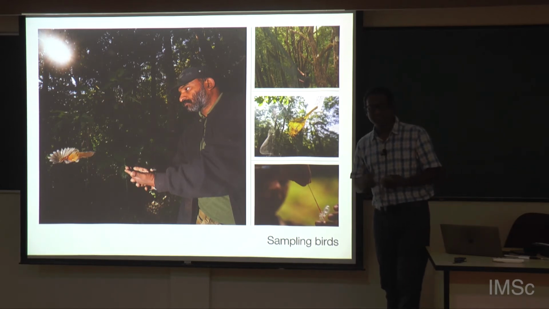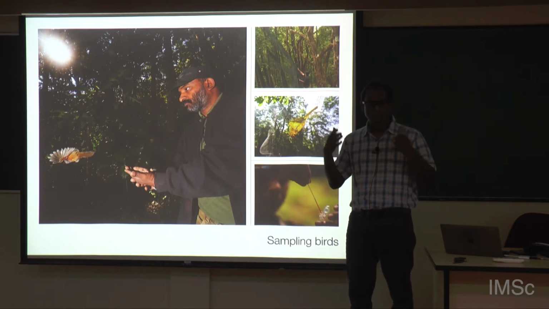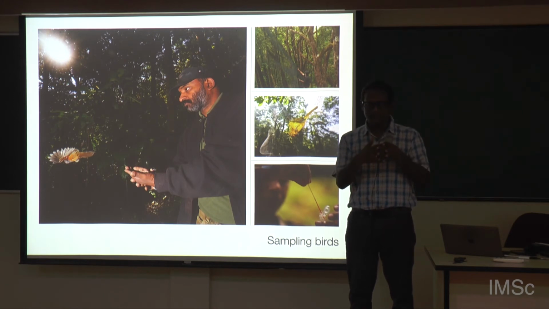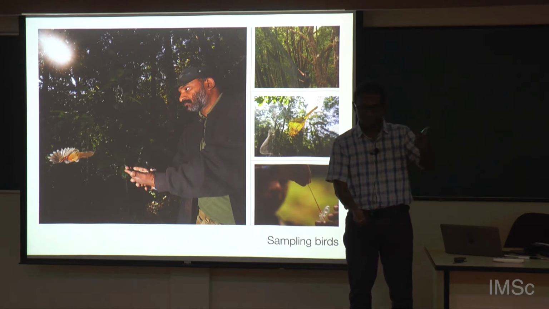The way birds get caught is not like how fish get caught in fishing nets. It's almost like if you have a sari, you hold it lengthwise and then you fold up one part of the sari, it forms a little pouch. So that's actually how the birds get caught.